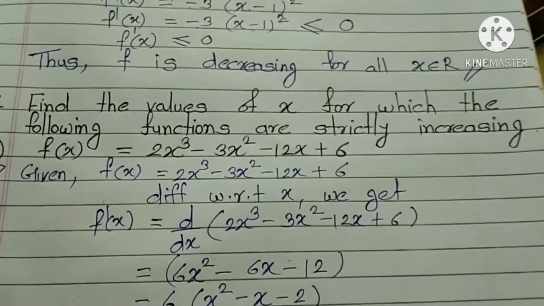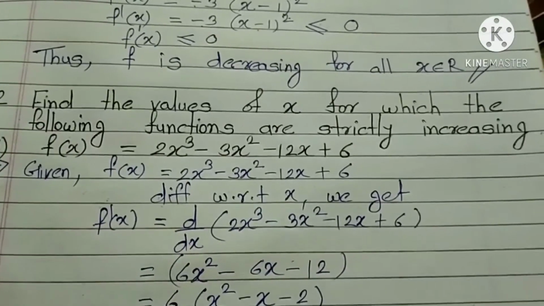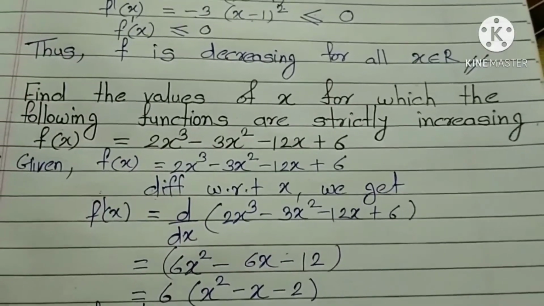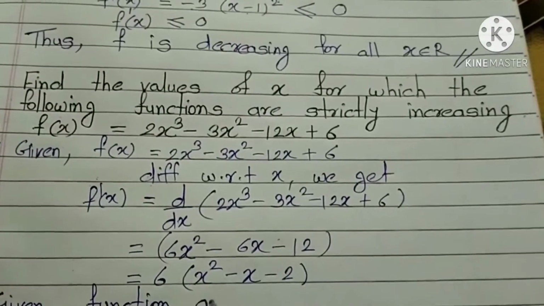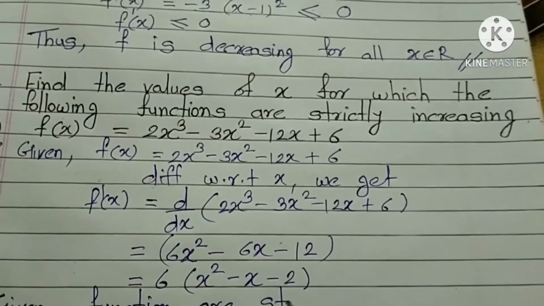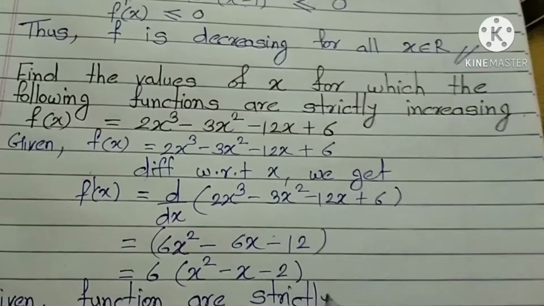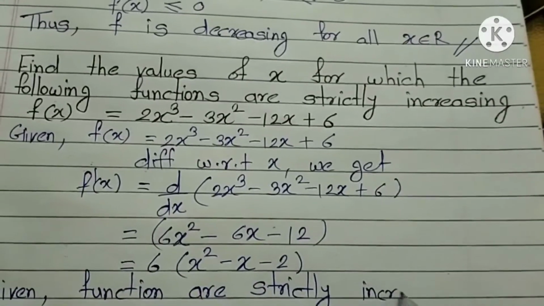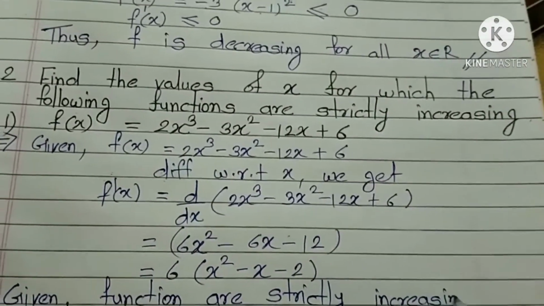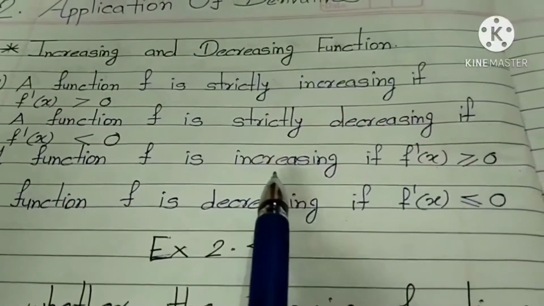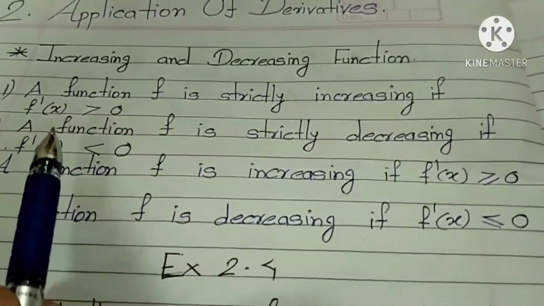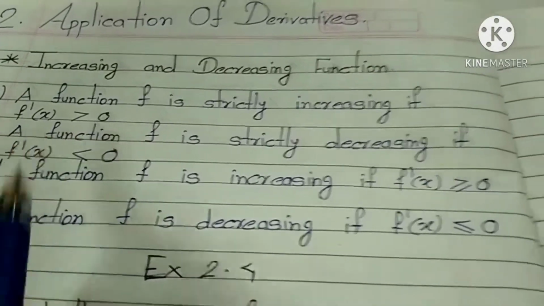Now here given that the function are strictly increasing. And here we know that a function f is strictly increasing if f dash of x is greater than 0.